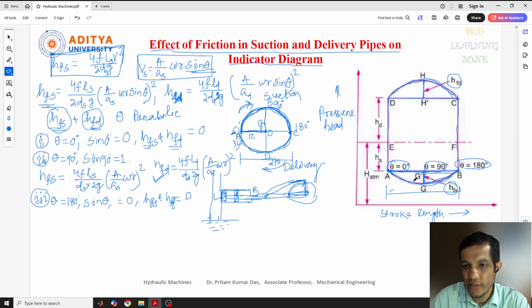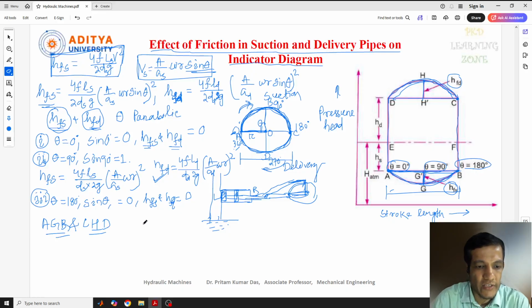If you see this AGG dash and BGG dash at the suction pipe, the area of AGB at the suction side, and on the other side CHD, we need to calculate. So we can write that the area of AGB can be calculated.